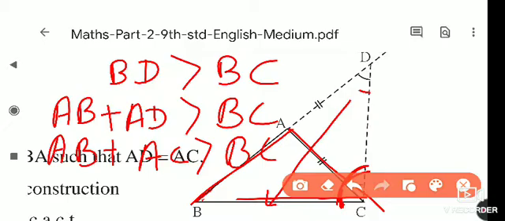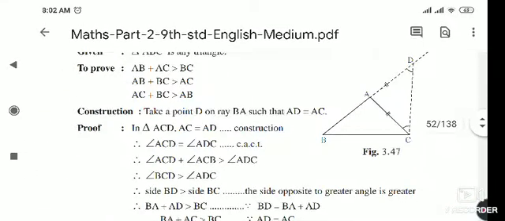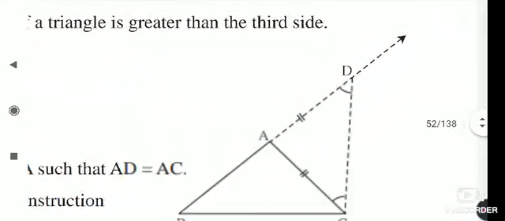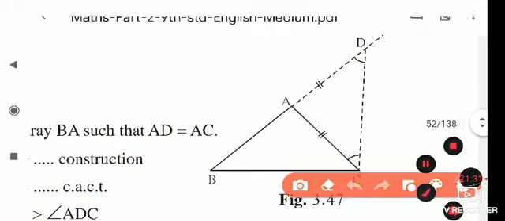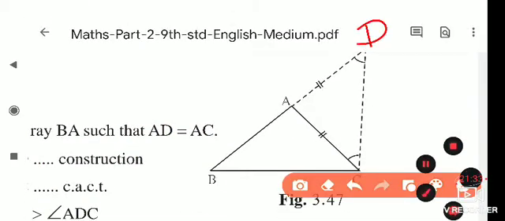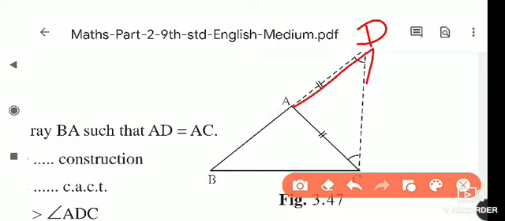Okay, so one more time I will revise it. What we have to do is the construction. What is our construction? We take a point D on AB such that AD is equal to AC. Now because this is an isosceles triangle, the base angles are congruent to each other.